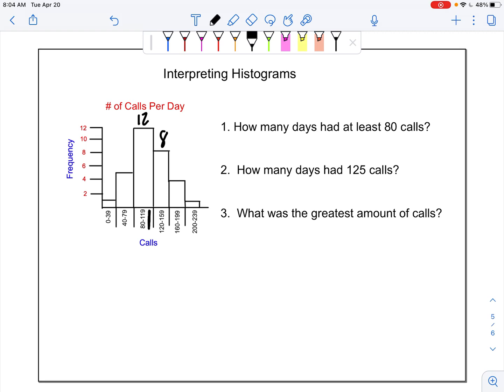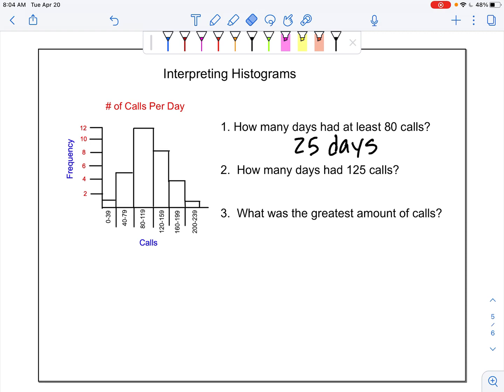So remember that at least means, well, if it was at least that, then it must be more than that. So I actually have to tally up all of these bars because each of those bars represent at least 80 calls. So on 25 days, I received at least 80 calls. So sometimes you have to look at that question and realize that it includes more than just one bar. It could include numerous bars.